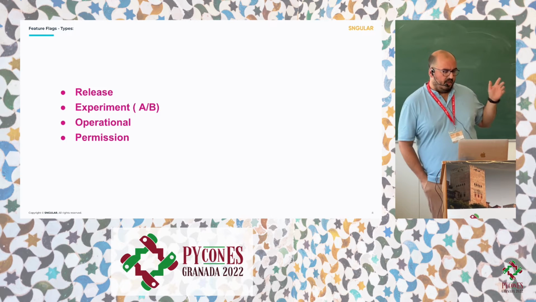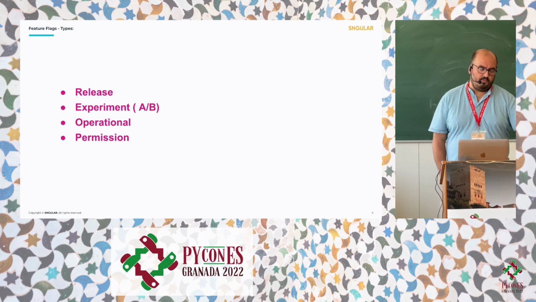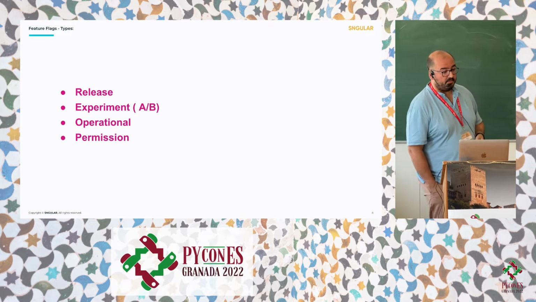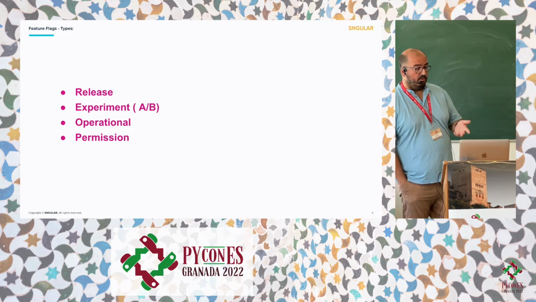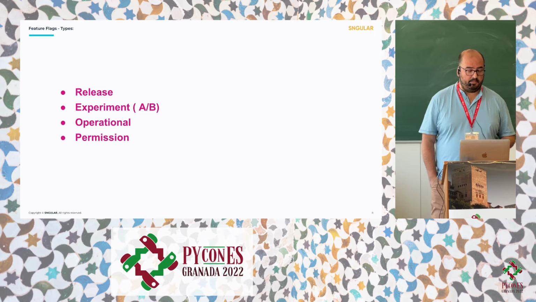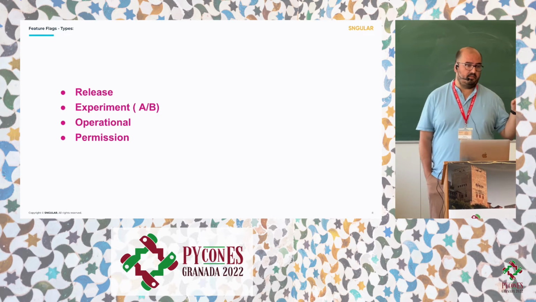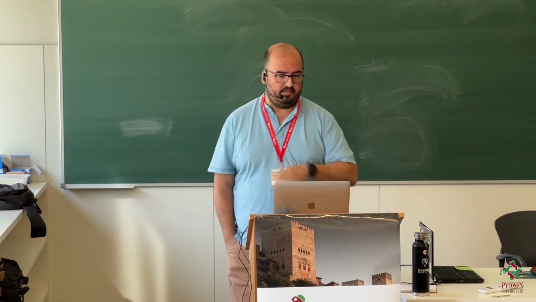Well, feature flags allow you to deploy code but not activate it until the moment you activate that feature flag. I told you about A/B deploys, being able to experiment with different sets of features with different sets of users.